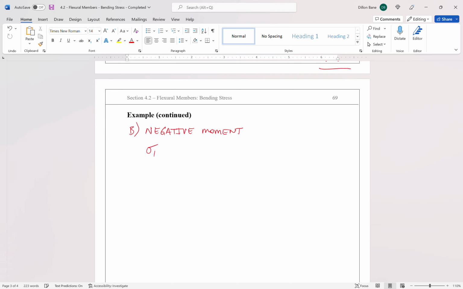So sigma top is equal to negative MC over I. M this time is negative 371, multiplied by 12 for that unit conversion. And our C value, we're looking at the top, right?